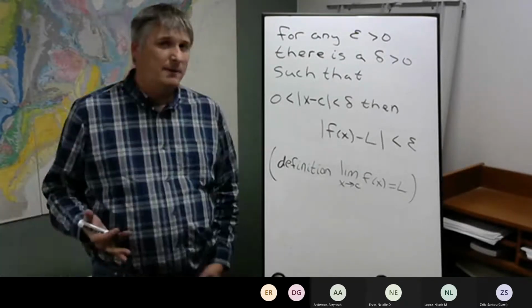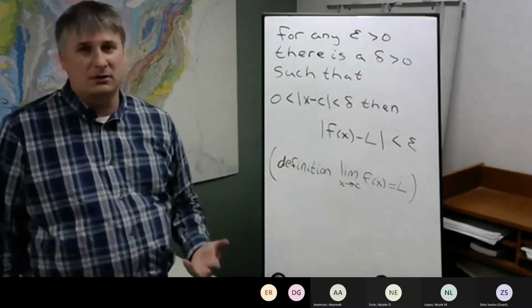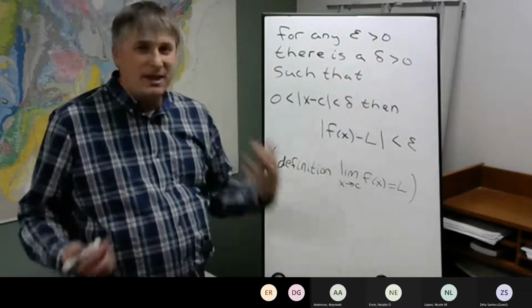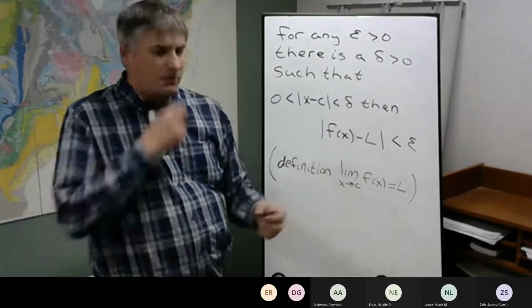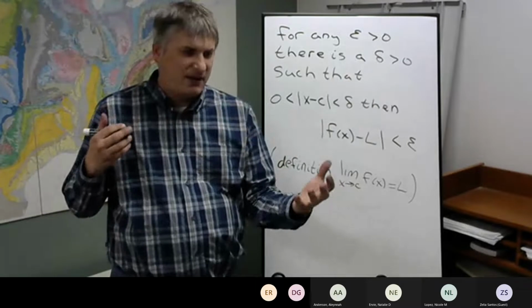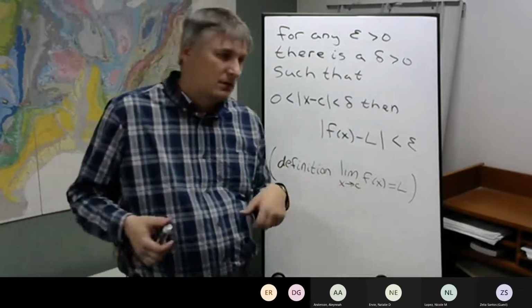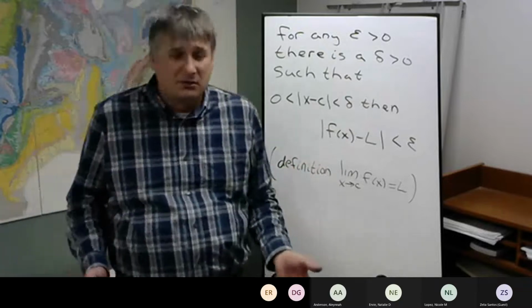Now, the power behind this definition is we generally choose epsilon first. And then we're going to search for a delta that makes this epsilon true. In other words, we're going to choose an epsilon. We want to find f of x to be really close to L. We could let epsilon be 1. It could be 0.001. It could be Planck's constant.